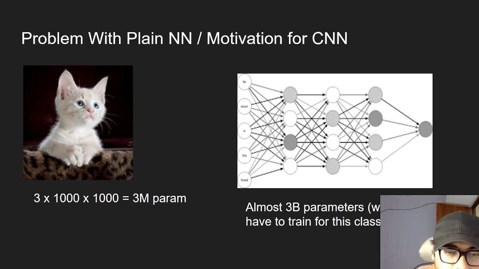If you multiply this out, it comes to approximately 3 million parameters. And if, for any classification, you implement a plain vanilla neural network, the total number of trainable parameters, that means your weights and biases, will come to approximately 3 billion.